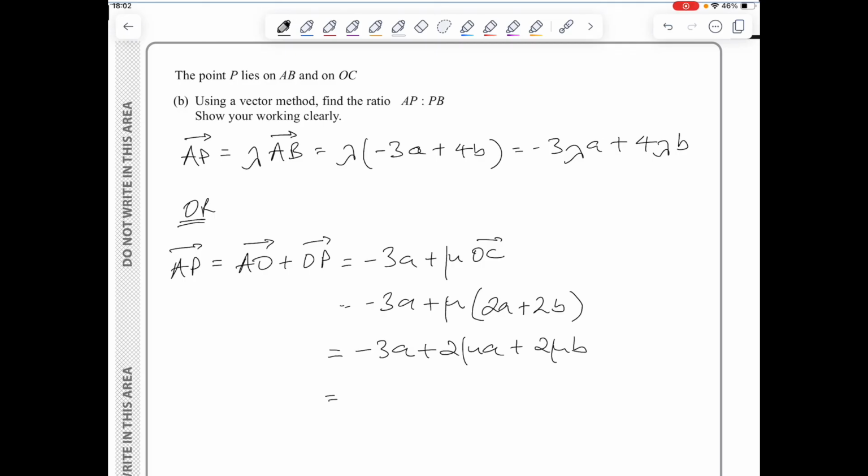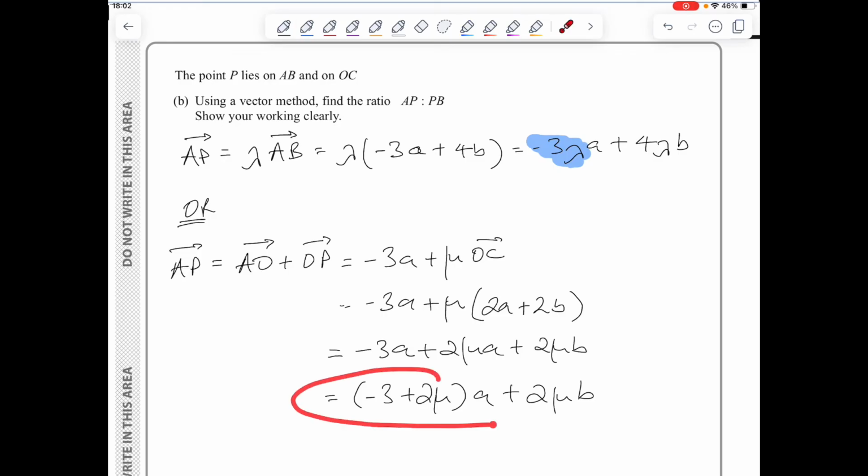I'm going to factorize the a in the first two expressions. Here it is. So if I take a as a common factor, I'll have minus 3 plus 2 mu, and then I have 2 mu b. So in the first expression, I've got minus 3 lambda a's, and in the second expression, I have this many a's.